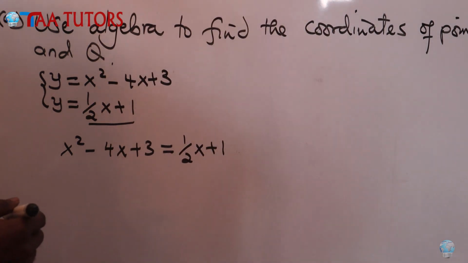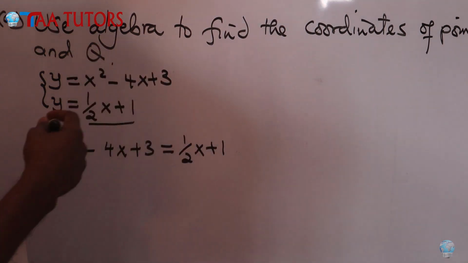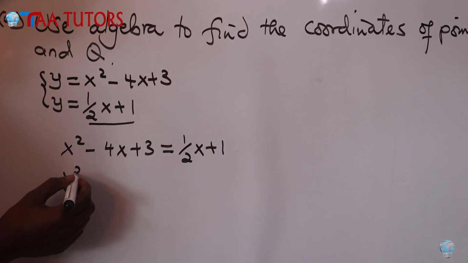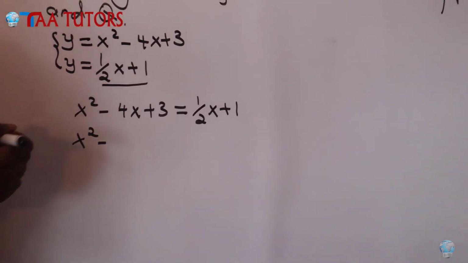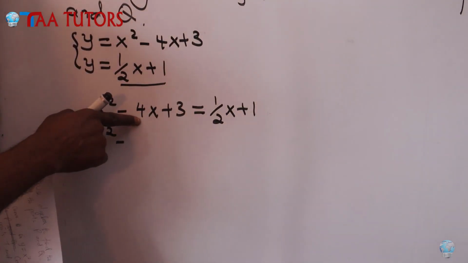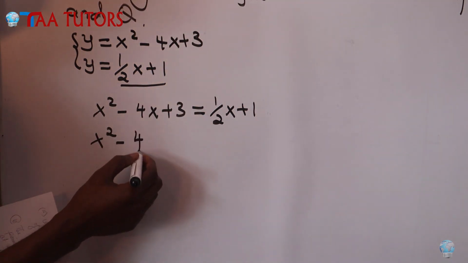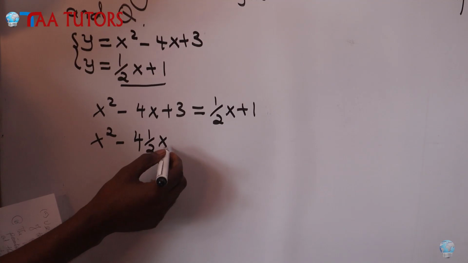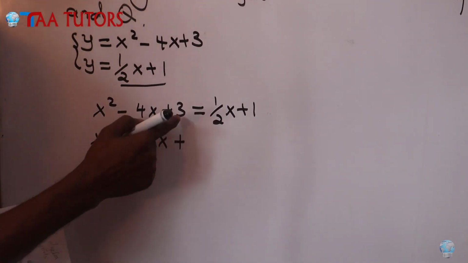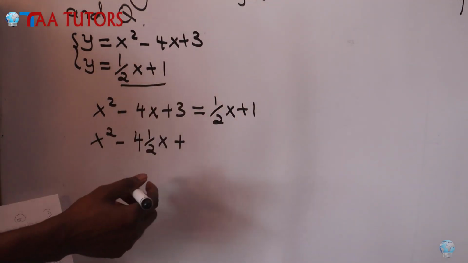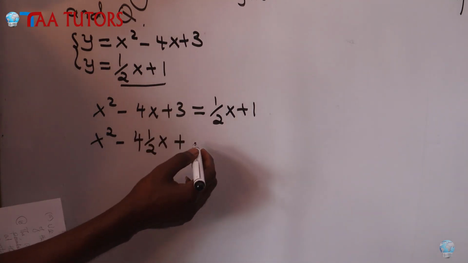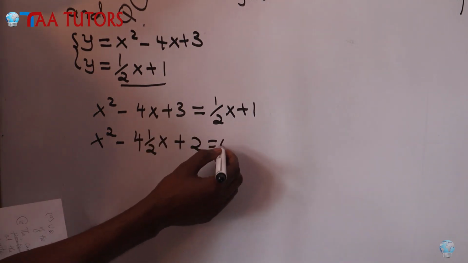So if I collect like terms, I will get x squared minus, we know that negative 4x minus a half x gives minus 4 and a half x, then plus 2, because 3 minus 1 is 2, equals 0.